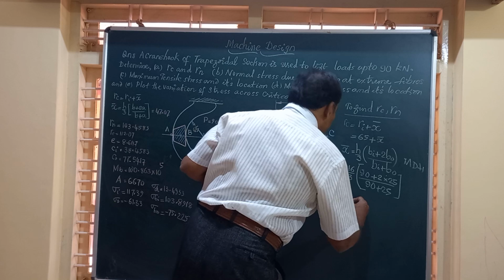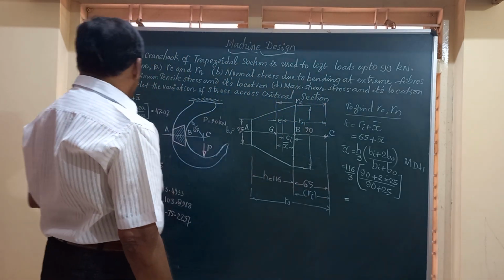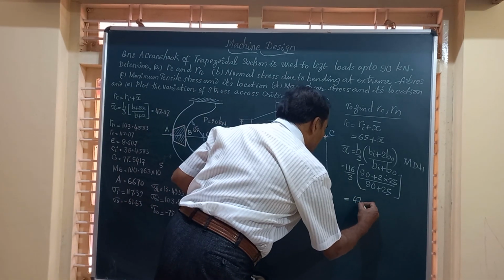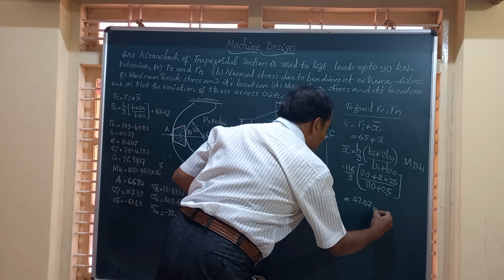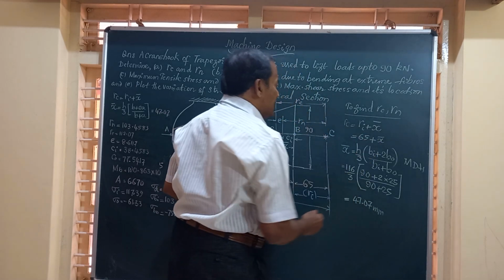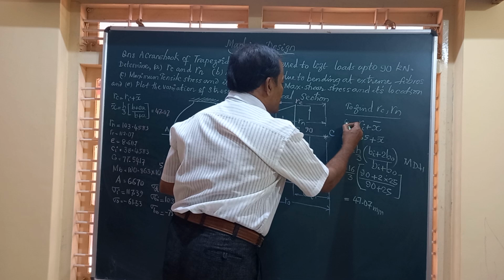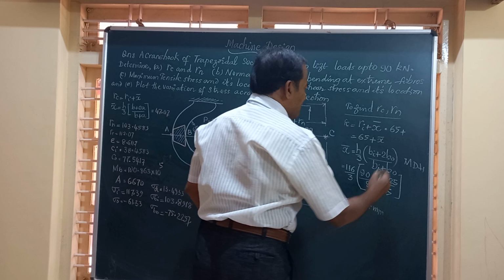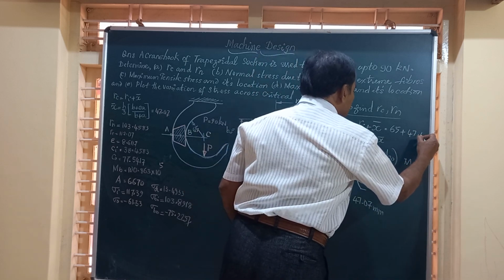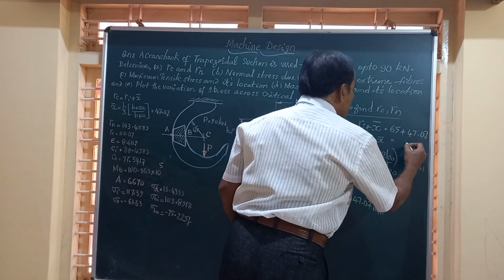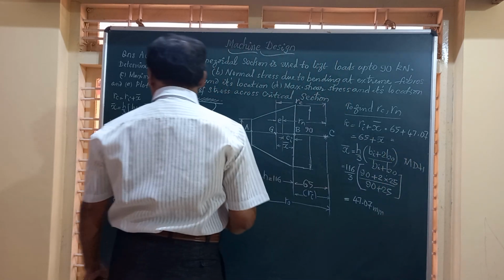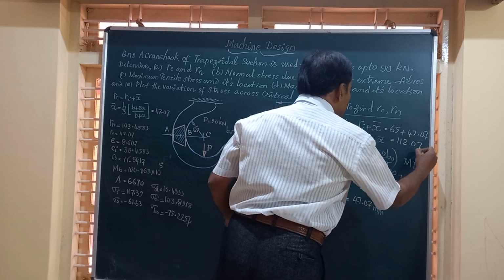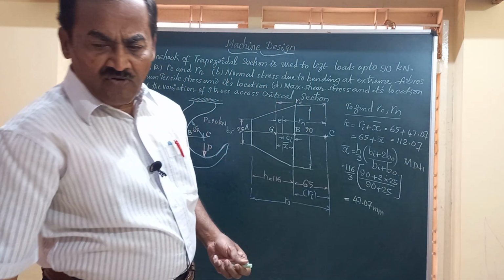Friends, if you simplify, the value of x bar works out to 47.07 mm. So RC will be Ri, that is 65, plus x bar, 47.07. The value works out to 112.07. 112.07 is the value of RC.